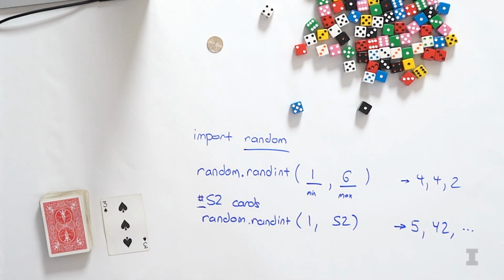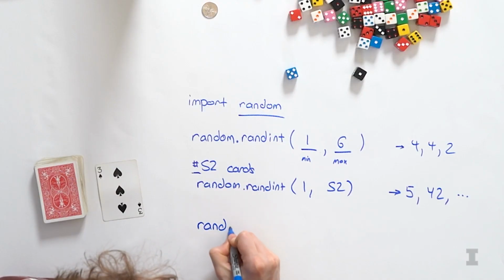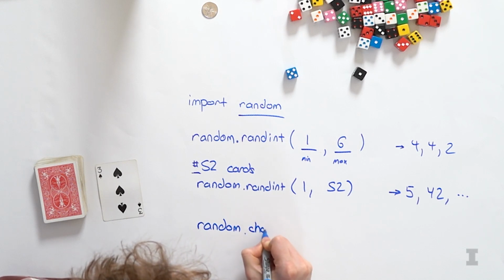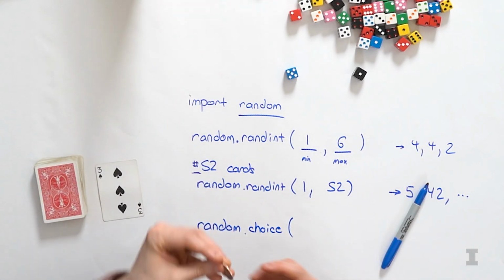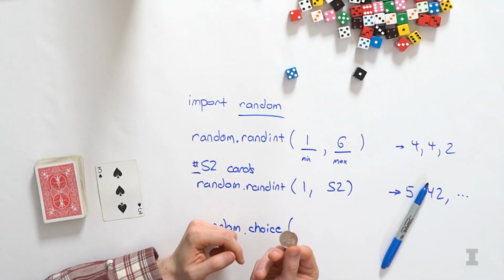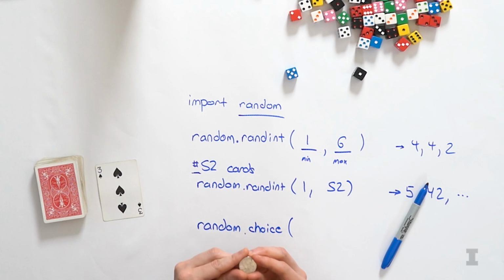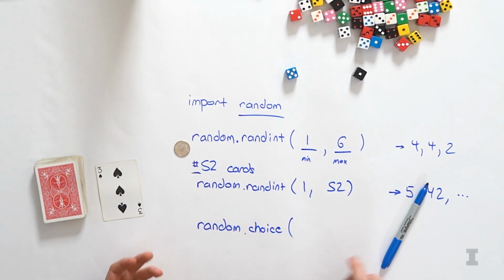The second way to get a random value from Python is to use random.choice. random.choice allows us to have a list of all of the options we want returned. I'm thinking of a coin flip. A coin has two sides, heads and tails, and when we flip this coin, it's going to land on either heads or tails.